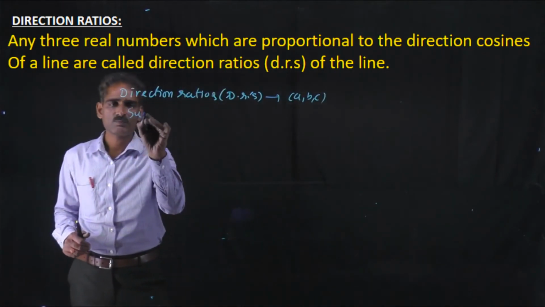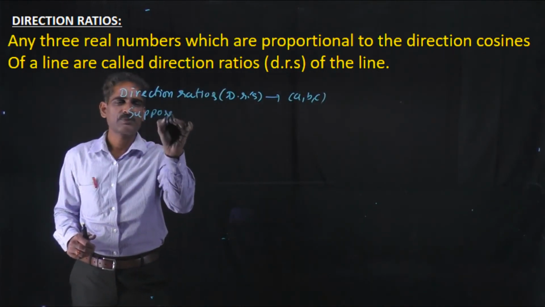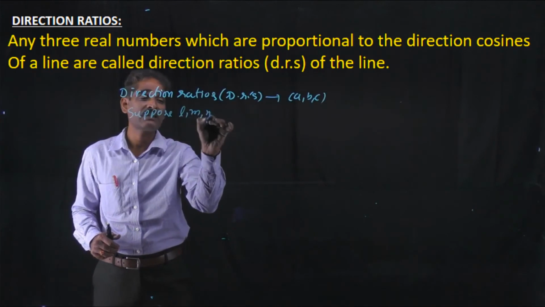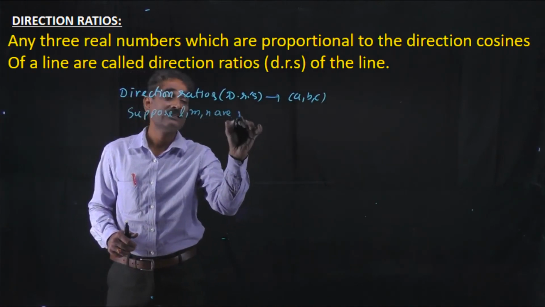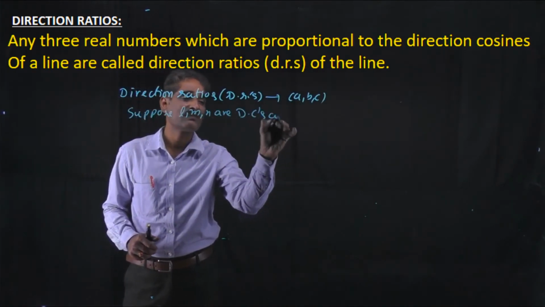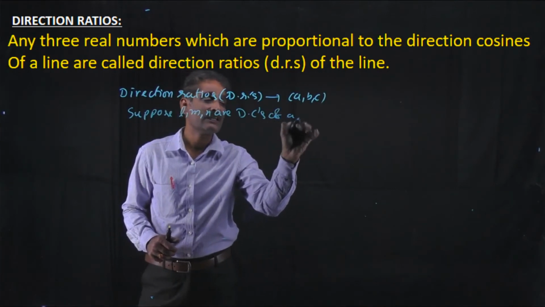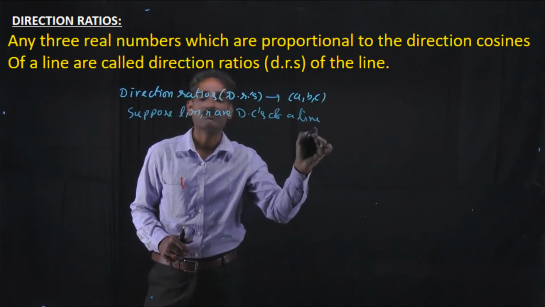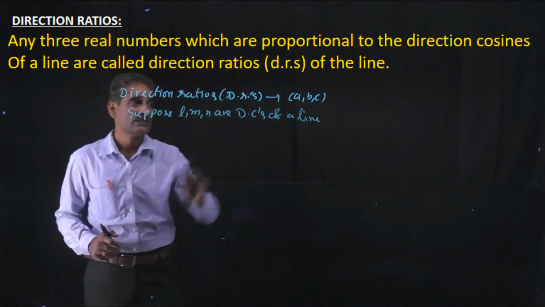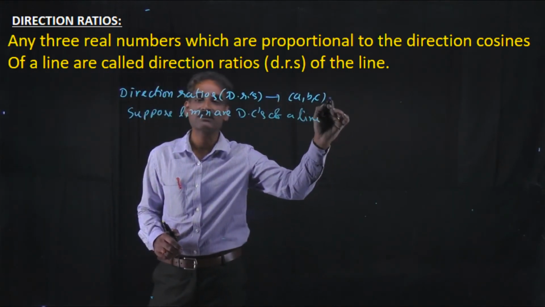Suppose l, m, n are the DCs of a line. a, b, c are any three real numbers.